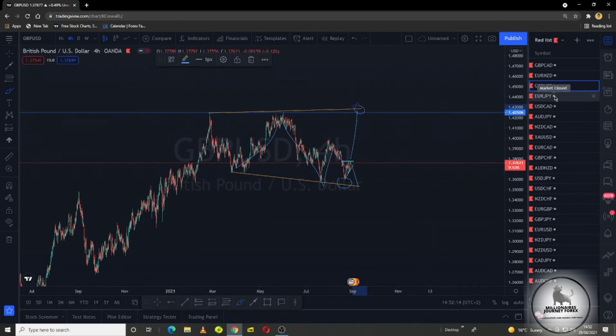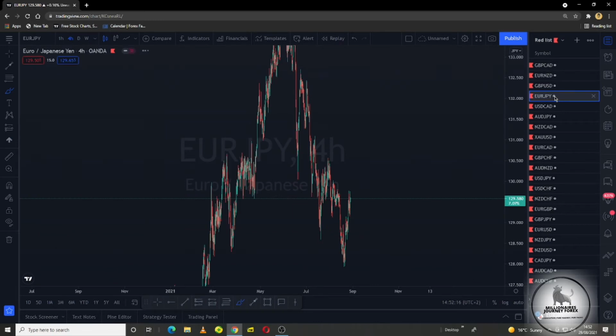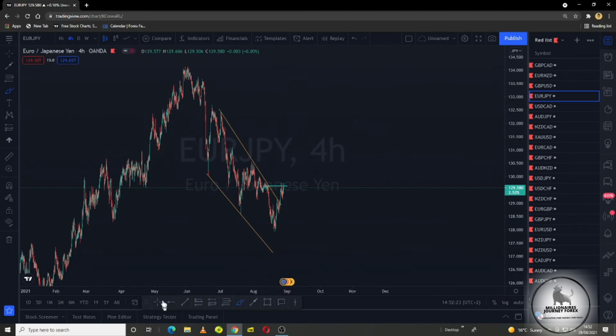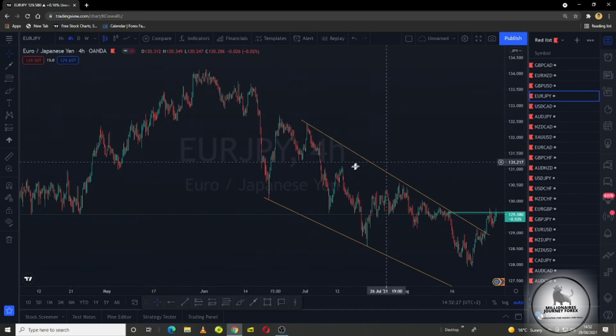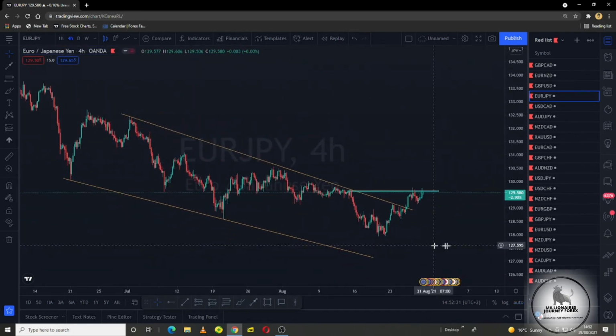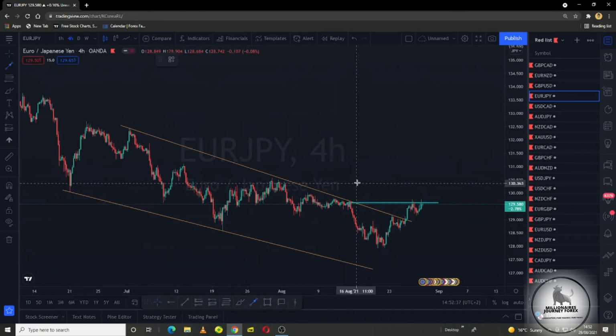So continuing and looking at the Euro JPY. Euro JPY was in a pattern which it broke last week. It broke this pattern last week, and now I am looking to buy it. I'm looking to buy it if it breaks this level, because it rejected it more than 2 times.